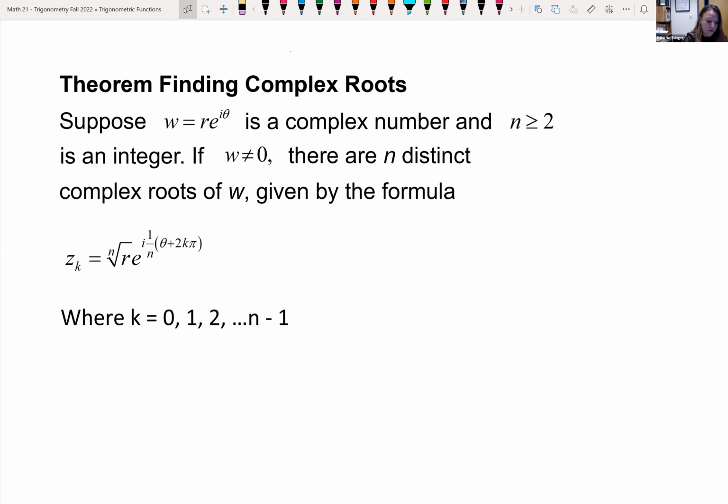So writing that in polar form, so what I just gave you was exponential form.